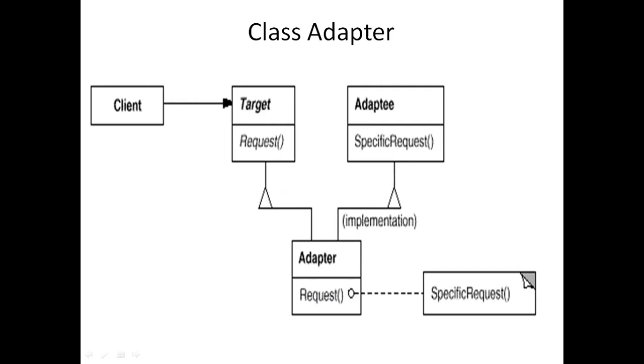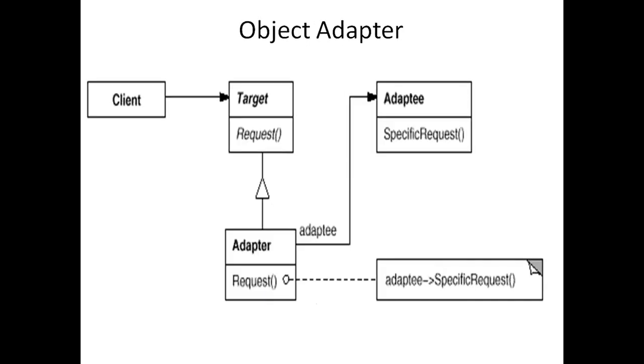In the same way, if we go for object adapter for the same, the adoptee will implement a specific request as before in class adapter, but the adapter will be depending on this adoptee and uses the specific request method of adoptee by instantiating adoptee in the request method of the adapter. Client uses again from the adapter request only.